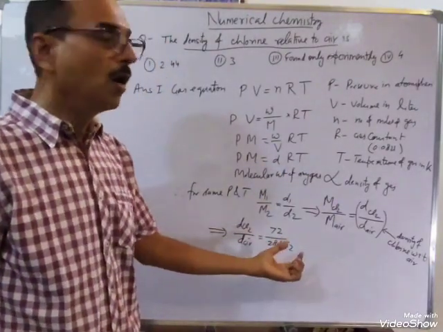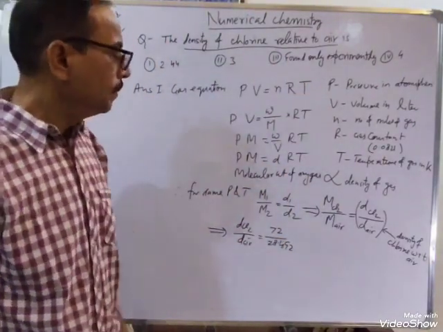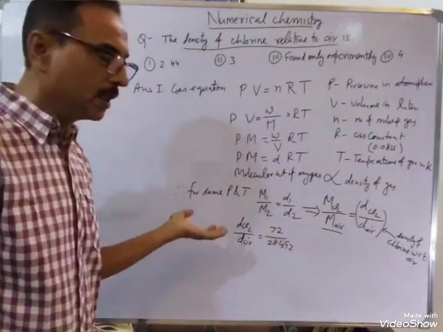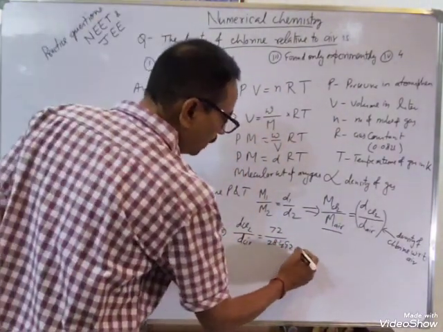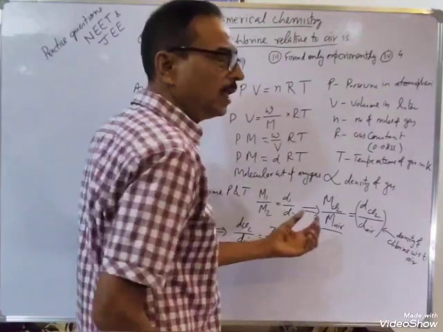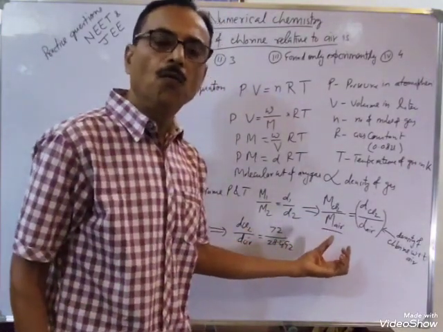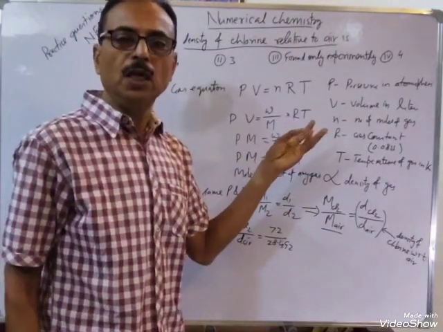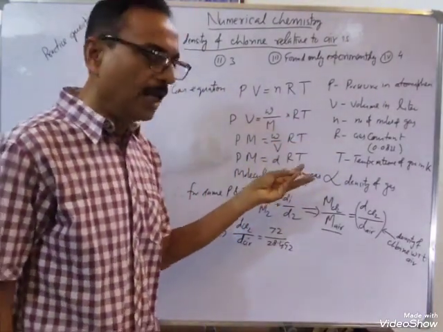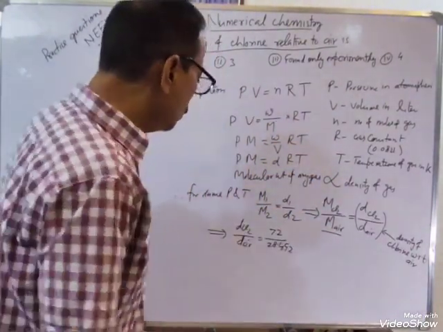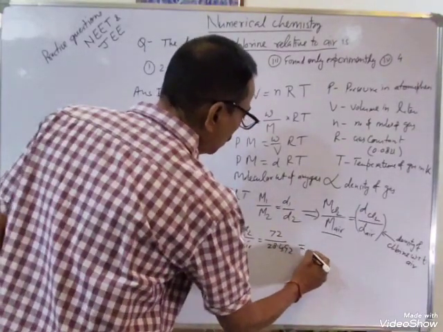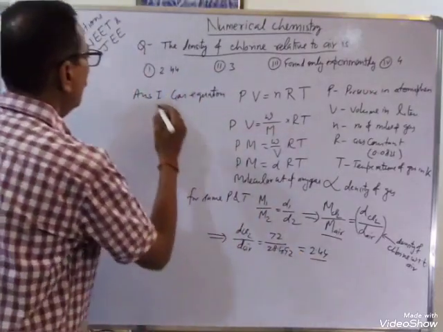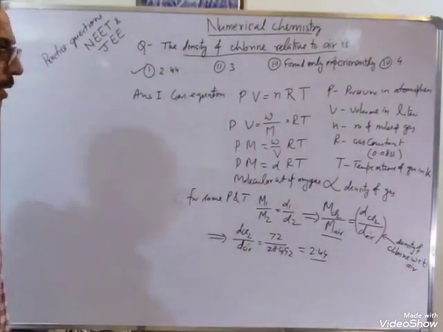This is not always given. How it comes, I will take in the next example. You should know this fixed part, because air has a certain volume ratio of gases like nitrogen, oxygen, carbon dioxide, etc. When you divide, it will come 2.44. So the first option is correct.